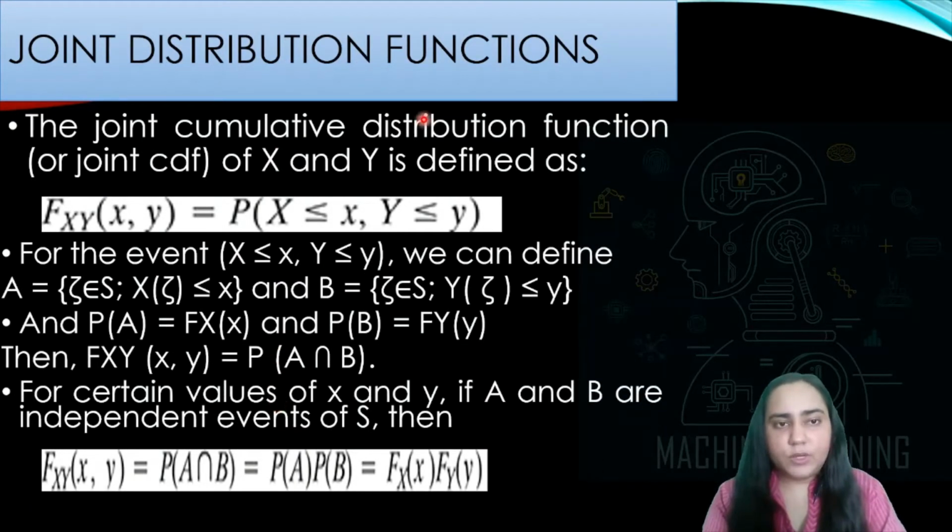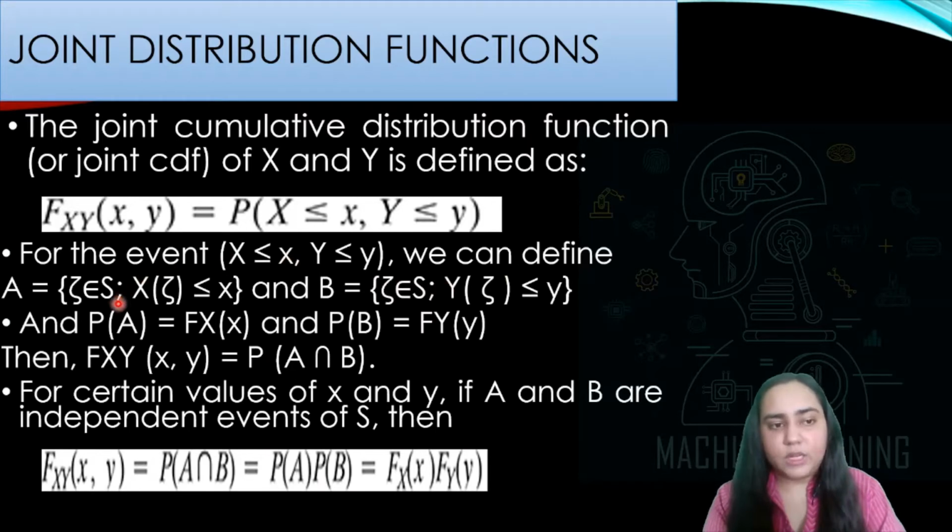So the joint distribution function for these X and Y can be calculated like this: P of X less than or equal to x and Y less than or equal to y, for the event X less than or equal to small x, Y less than or equal to small y.